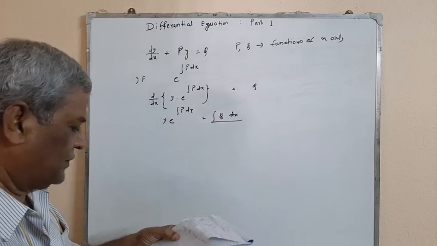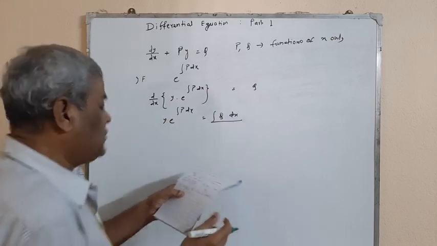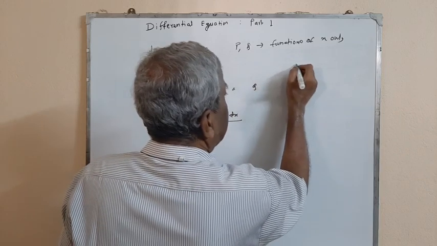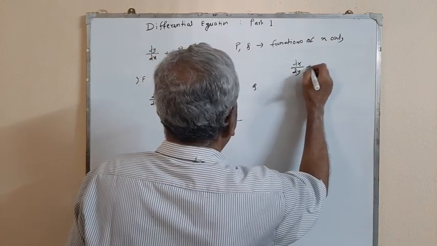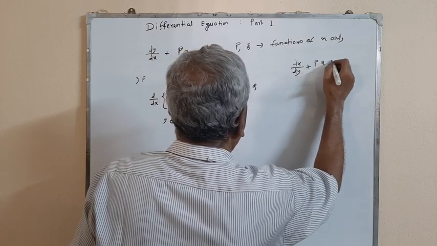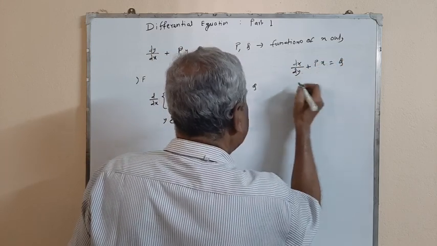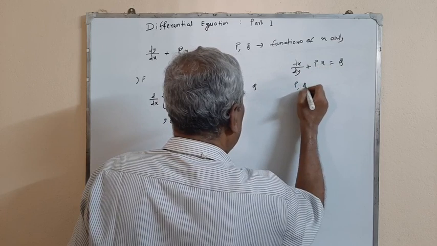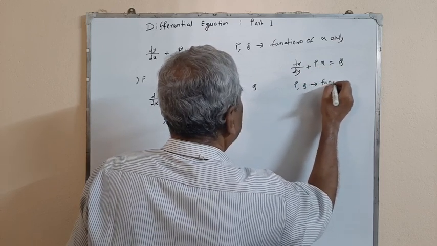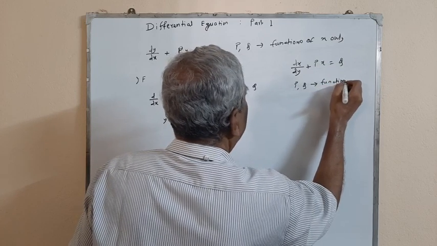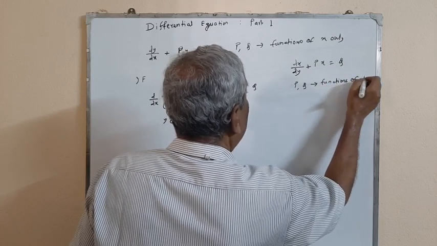Another type of linear equation is dx/dy plus Px is equal to Q. In that case, P and Q are functions of y only.